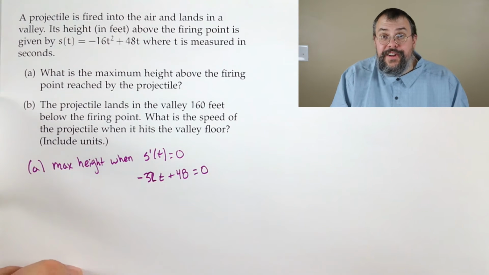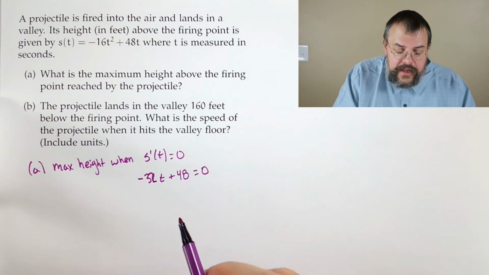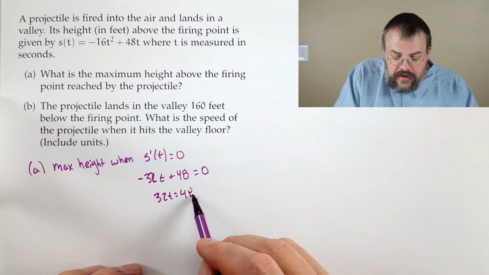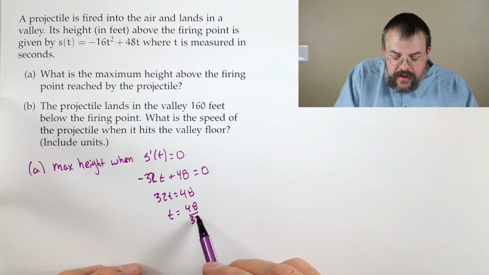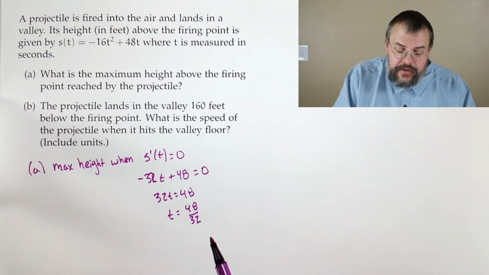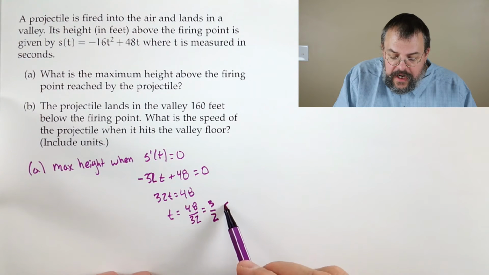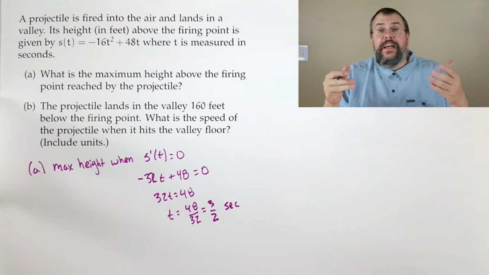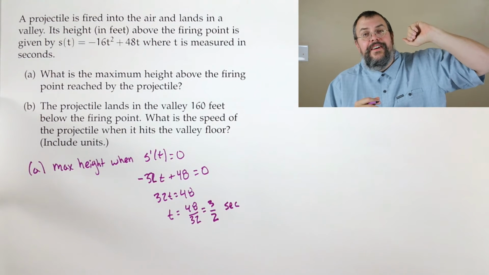Set that equal to 0. Now we move a few things around. This is the same as saying 32t equals 48, or t equals 48 thirty-seconds. Now it turns out that 48 and 32 are both divisible by 16, so we can write that as 3 halves. Keep in mind this is our time, so this is 3 halves seconds. So 1.5 seconds after you fire it, it's at its peak.